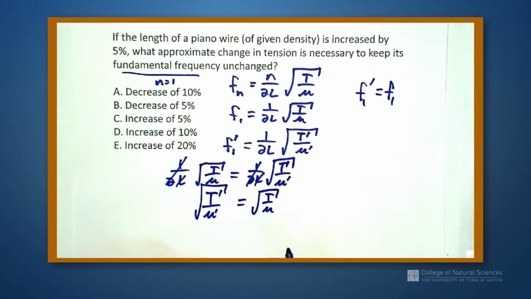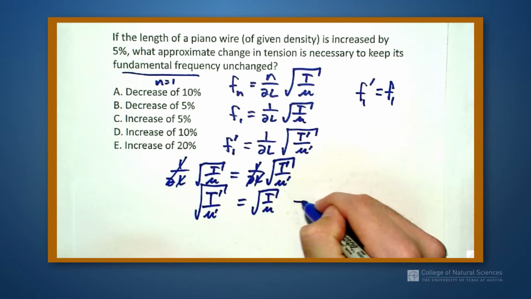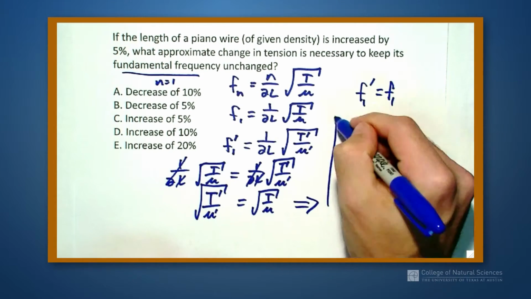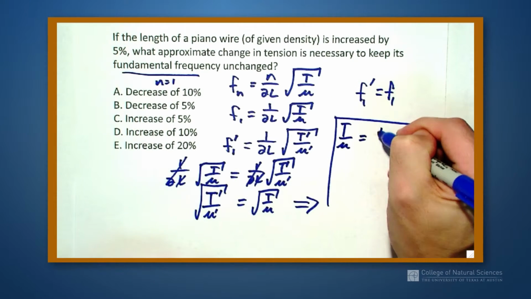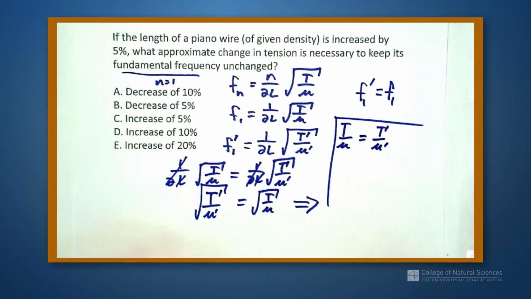I just started putting the primes on the wrong side, so yes, they flip, but it's the same equation. Well, if I square everything, nothing changes. This says that I have T over mu is equal to T prime over mu prime.